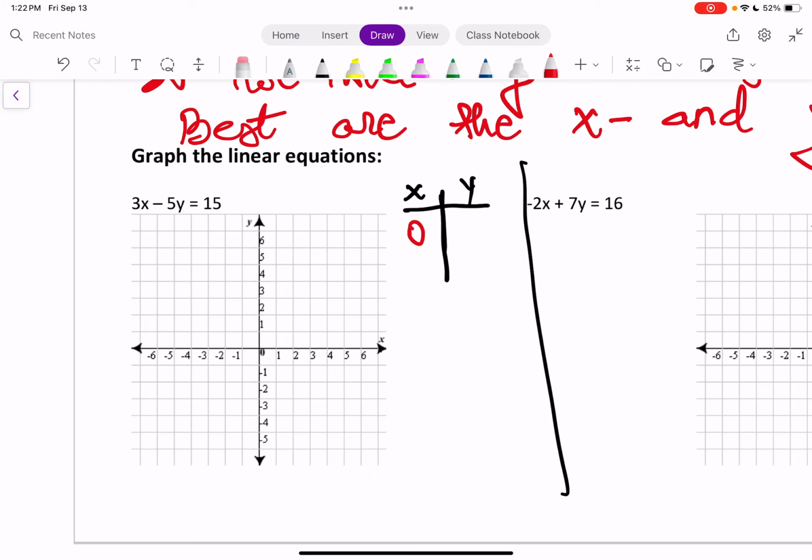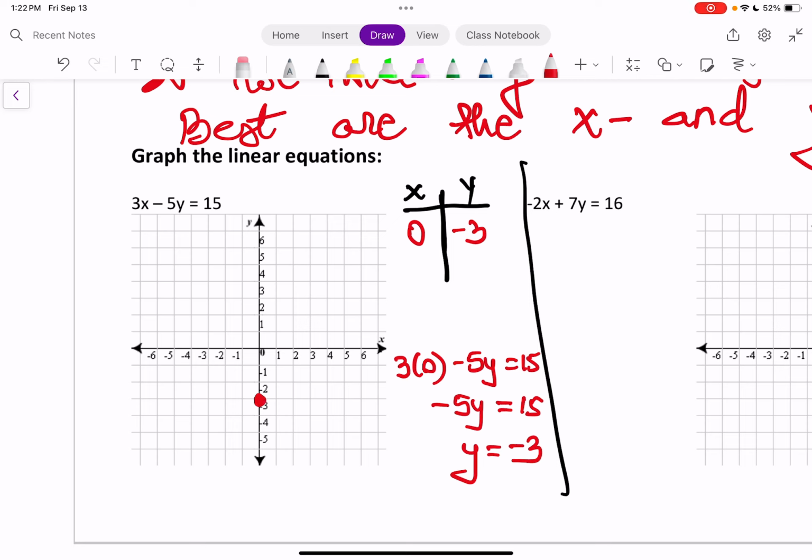That's really easy because if I plug in zeros, that makes the 3 times 0 go away, right? So I divide by -5 and I'm going to get -3 for y. So one possible solution is x is 0, y is -3.